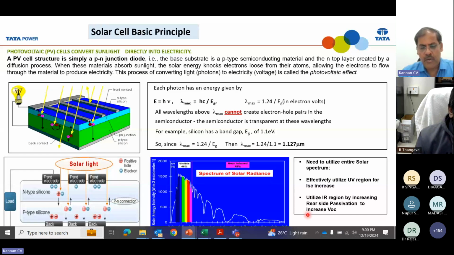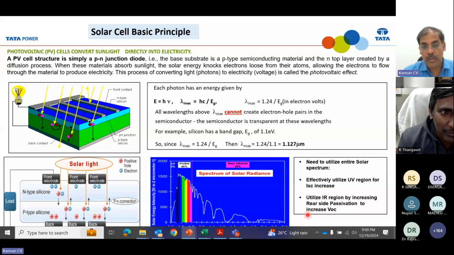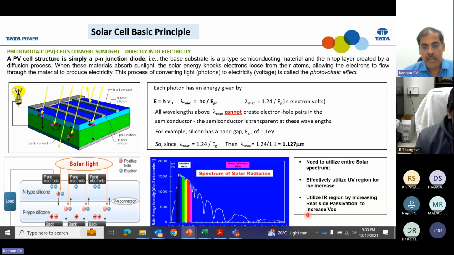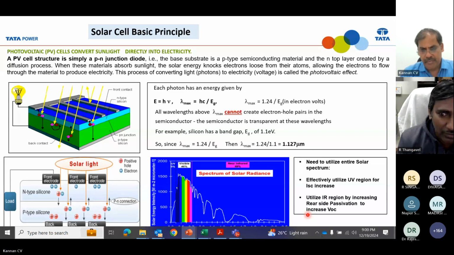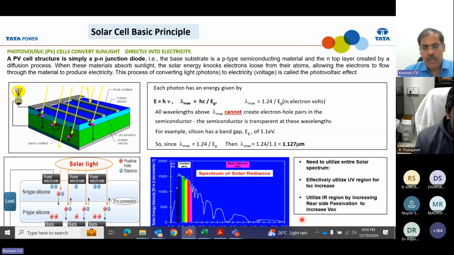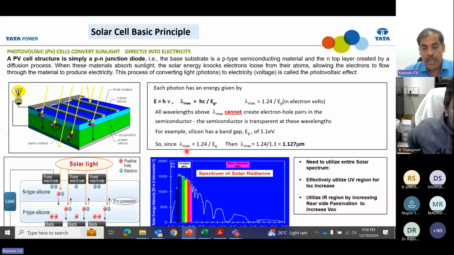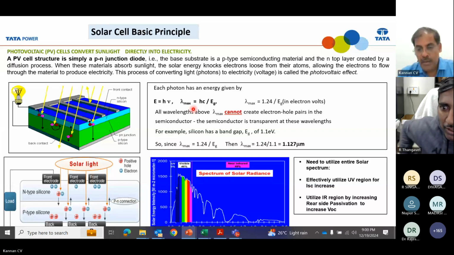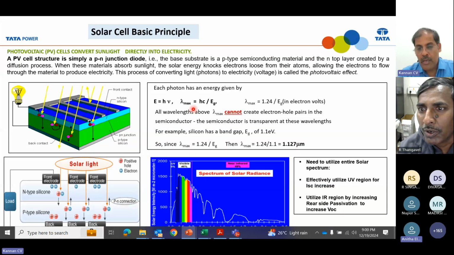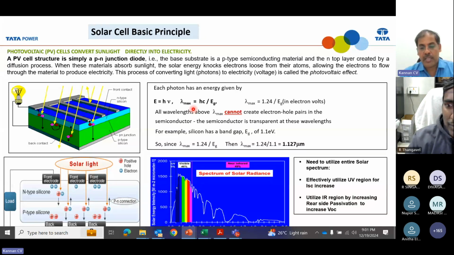how does the solar cell work? Basically, silicon is a band gap based material with a band gap of 1.13 eV. The amount of sunlight it can capture and convert into electricity depends on the band gap of the material, what kind of material you are using. For silicon it is 1.13. The bottom one here is the sunlight spectrum.